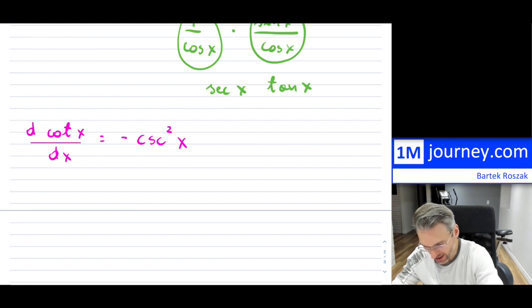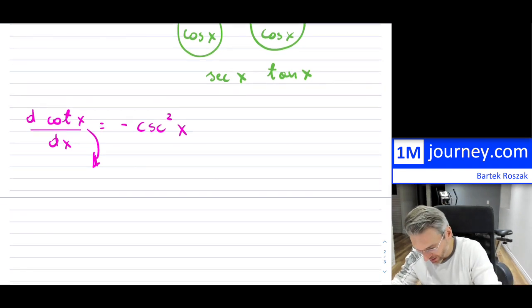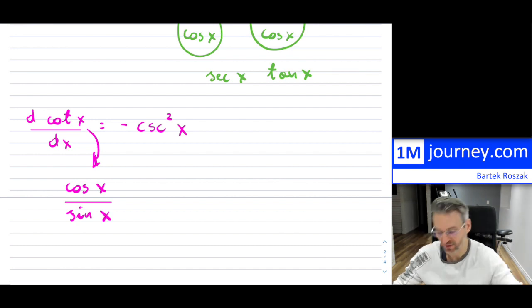I'm going to take my cotangent. I never like to work with cotangent or try to memorize its derivatives, to be honest with you. I'll always think about it in terms of just cotangent is nothing else but cos x all over sine x. That's just by definition. So that's the reciprocal of tangent.